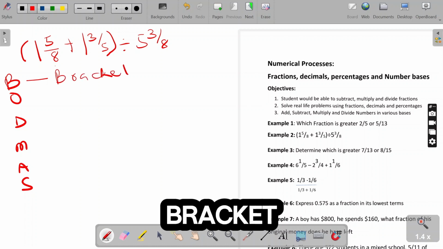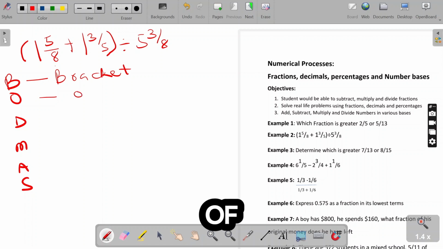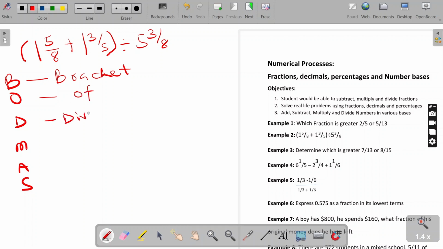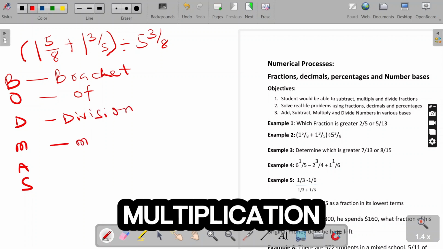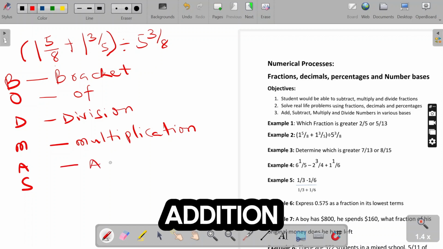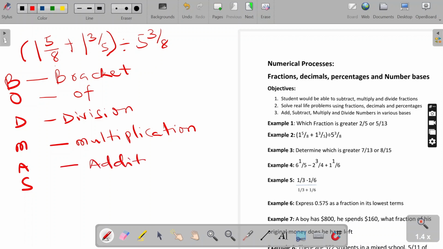B stands for bracket, O means of, D means division, M is multiplication, A is for addition, and S is for subtraction.